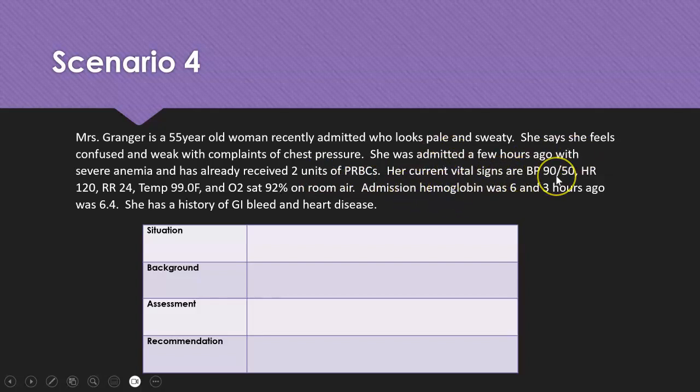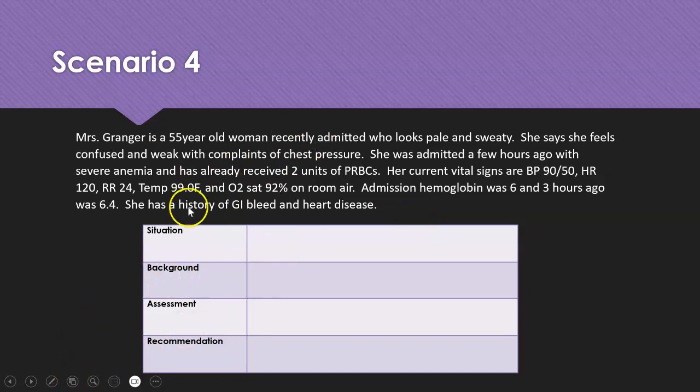Her current vital signs are 90 over 50, heart rate 120, respirations 24, temp 99, and O2 92 on room air. Admission hemoglobin was 6, and 3 hours ago was 6.4. She has a history of GI bleed and heart disease.